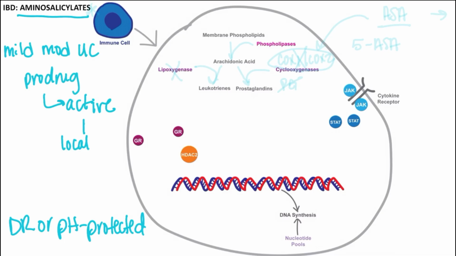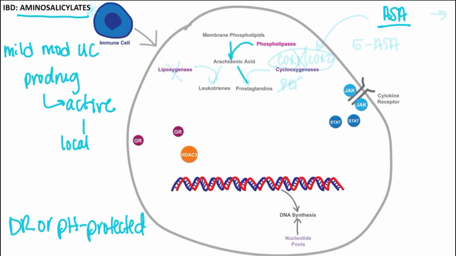Now, these agents look and sound a lot like aspirin, which is also abbreviated ASA, and these are all salicylates. And if you remember, the mechanism of action of aspirin is it's a cyclooxygenase inhibitor. So remember, membrane phospholipids are converted to arachidonic acid by phospholipase A2.